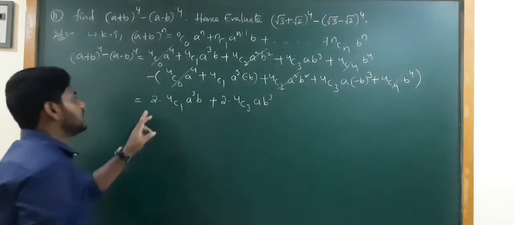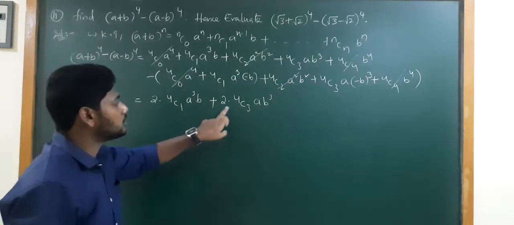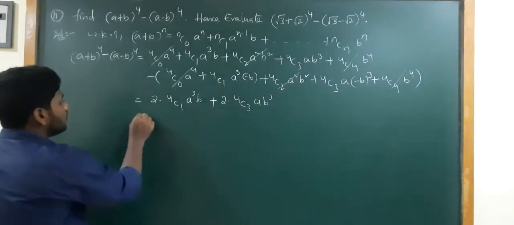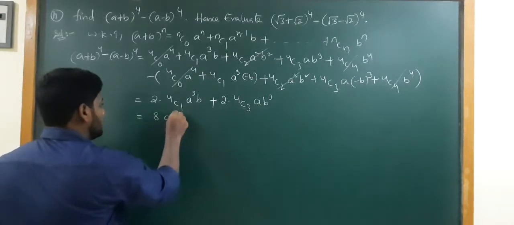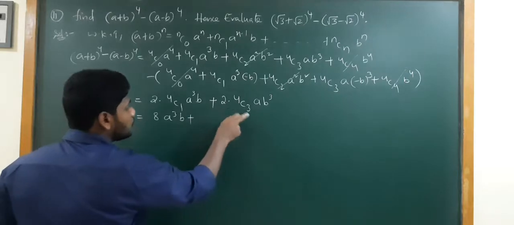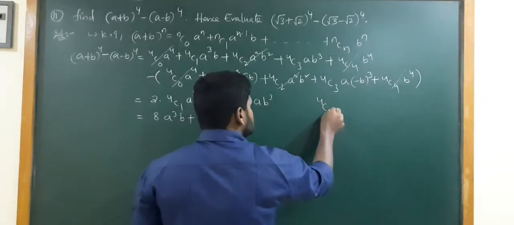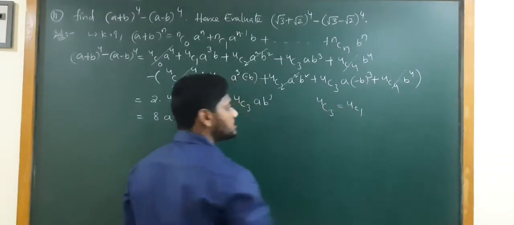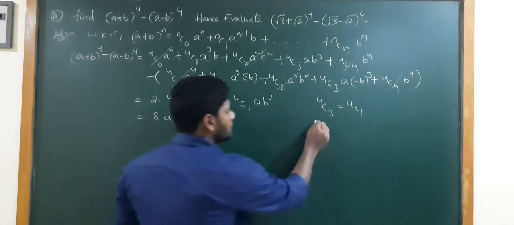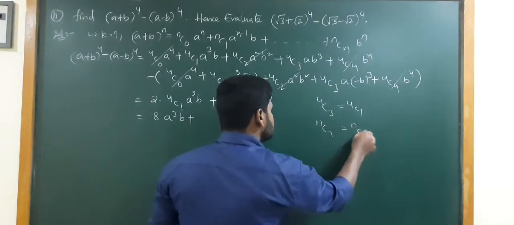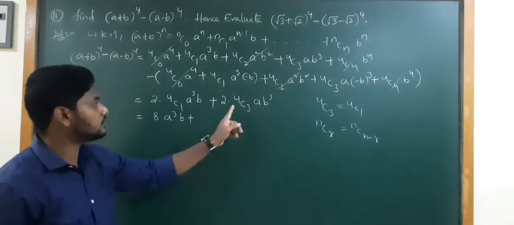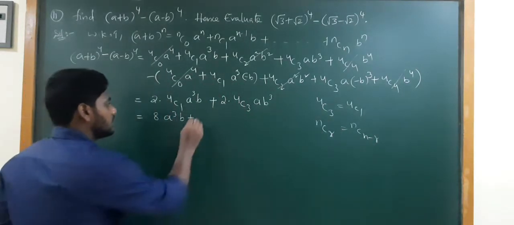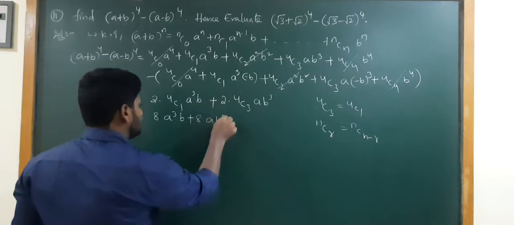Next, what we got finally is 2 times 4C1 plus 2 times 4C3. You know the value of 4C1 is 4, 2 fours are 8, a^3 b, plus 4C3. See, 4C3 is also equal to 4C1. Right or not? nCr is equal to nC(n−r). So the 4C3 value is also 4. 4 into 2 is 8 a b^3.